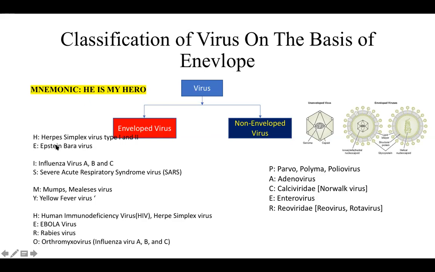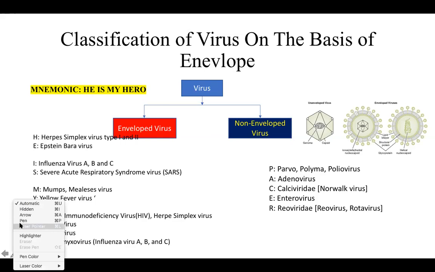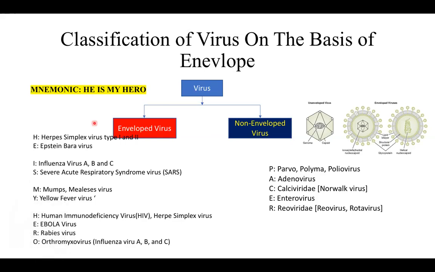E stands for the Epstein-Barr virus, that is also a type of herpes virus. The initial letter of is, I, stands for the influenza virus A, B, and C. S stands for the severe acute respiratory syndrome virus, that is the SARS virus. The initial letter of my, M, stands for the mumps, measles, or the MERS virus.